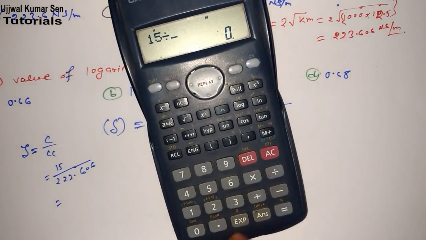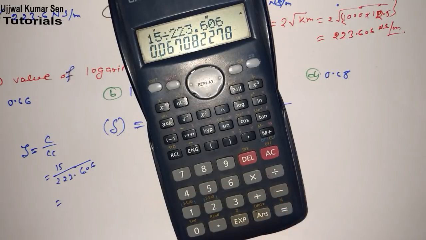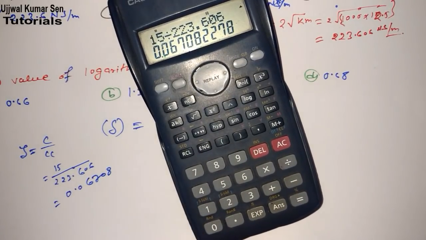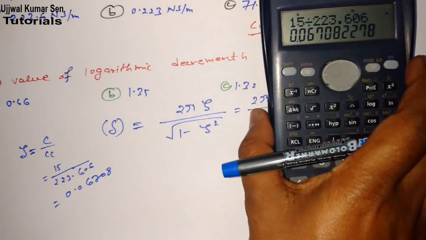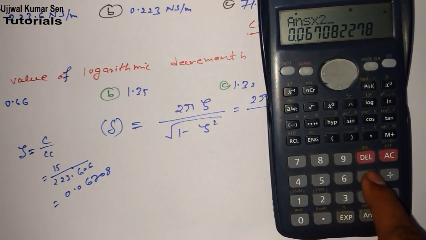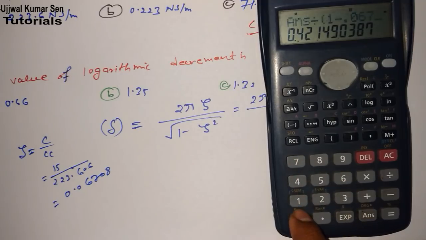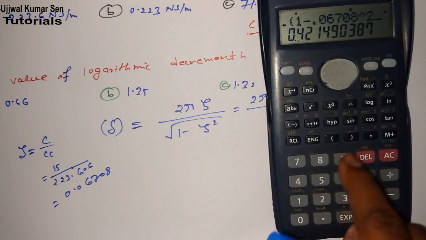So 15 divided by 223.606 is equal to 0.06708. Now we need to multiply this by 2 pi and divide by the root of 1 minus 0.06708 whole square.